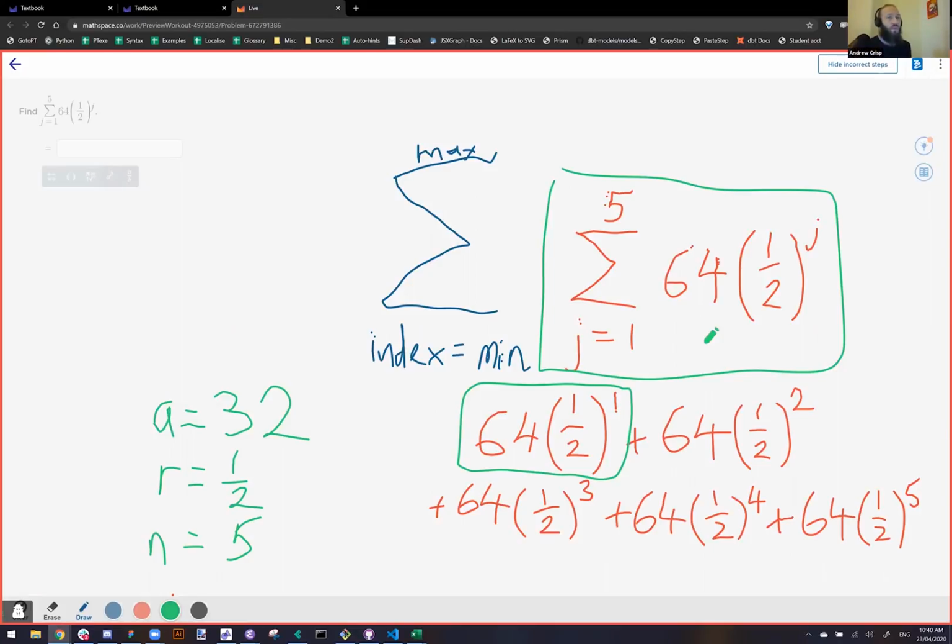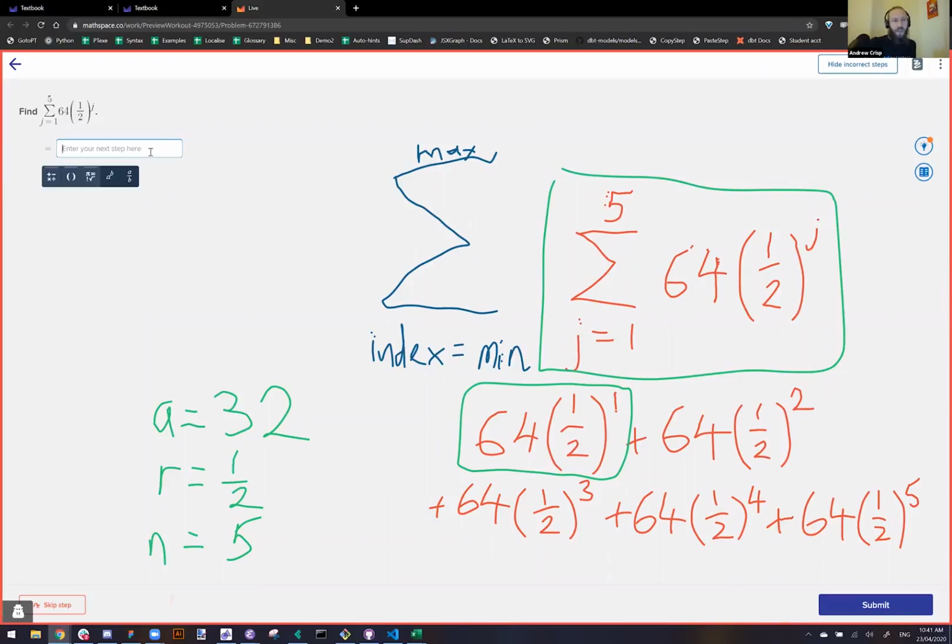We're ready to go with our formula that we used just before. I'm going to get out of this and do it straight into Mathspace. So the formula is that we take the initial term, 32, times 1 minus R, which is a half.